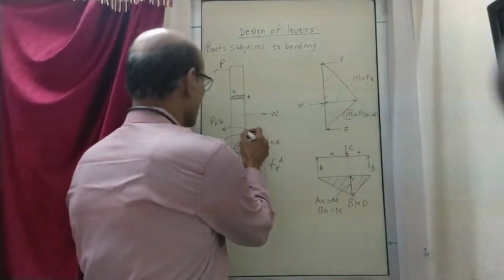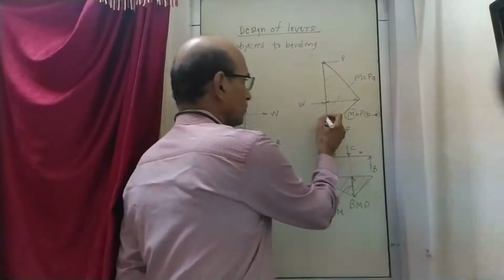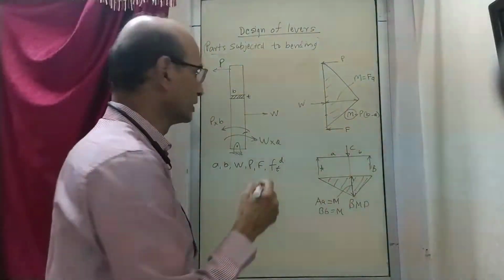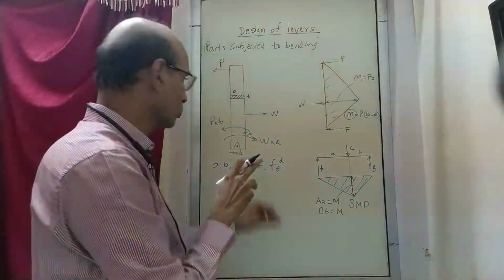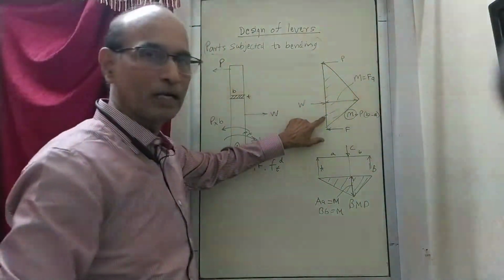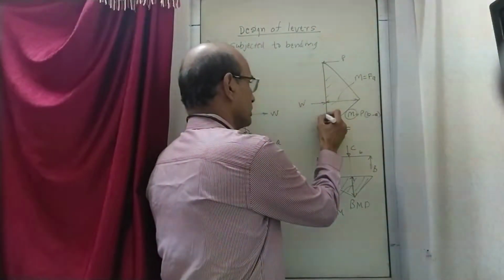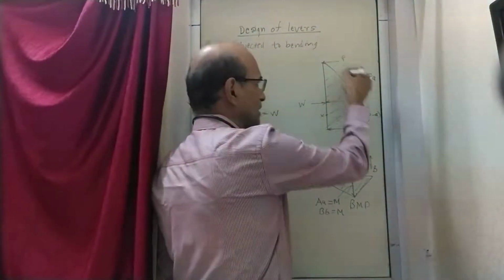What is the bending moment somewhere here acting on the lever? Suppose there is some point X. At this point X, what is the bending moment acting? Whatever the distance, this is the point where you are asked to find the bending moment. That will be by this graph.